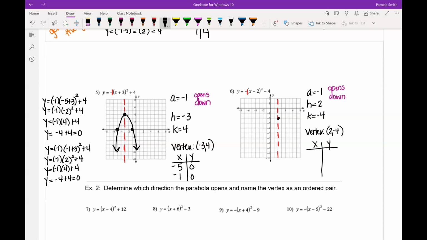So 2 units to the left of 2 would be 0. 2 units to the right would be 4. So those are the two numbers that I'm going to substitute in.